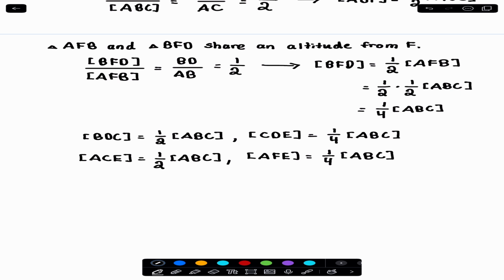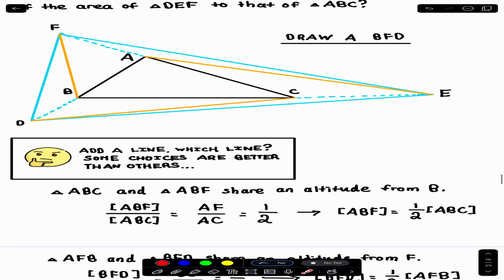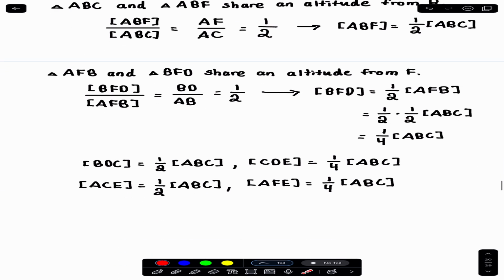So notice we're relating all 6 triangles, 1, 2, 3, 4, 5, 6, to our original triangle, triangle ABC.